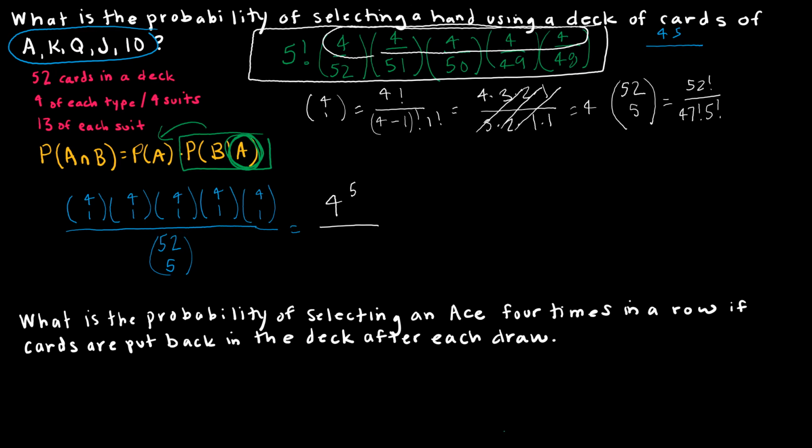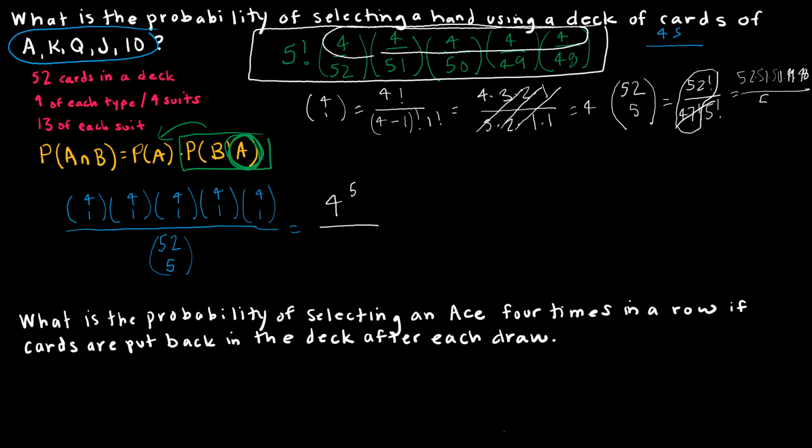And 52, just this part of it right here, if you'll recall from our video where we learned about permutations and combinations, we said, well, this would be 52 times 51 times 50 times 49 times 48 times 47 factorial, and that 47 factorial would cancel with the 47 factorial on the bottom.